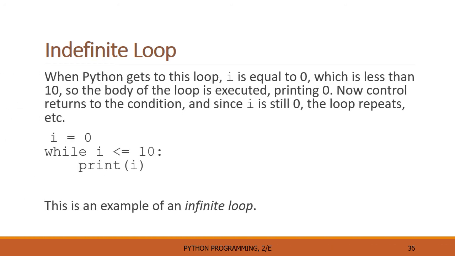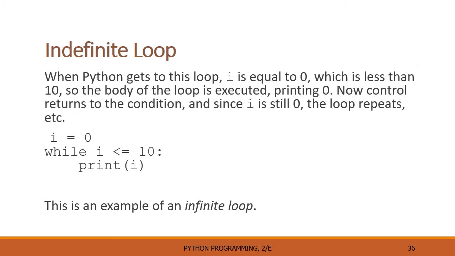When Python executes this loop, i is equal to 0, which is less than or equal to 10. So the body of the loop is executed, which is the print i statement. Now control returns to the condition, and since i is still 0, the loop repeats. And there is nothing that's going to cause the loop to terminate.